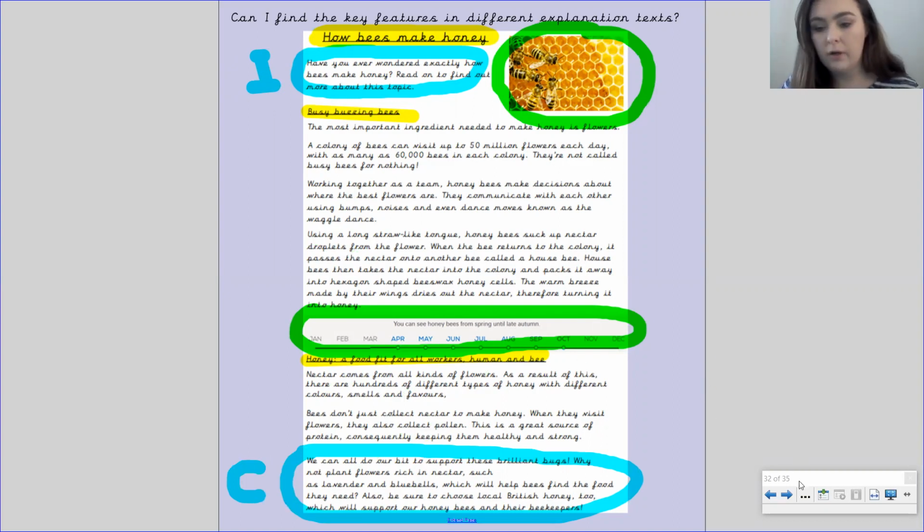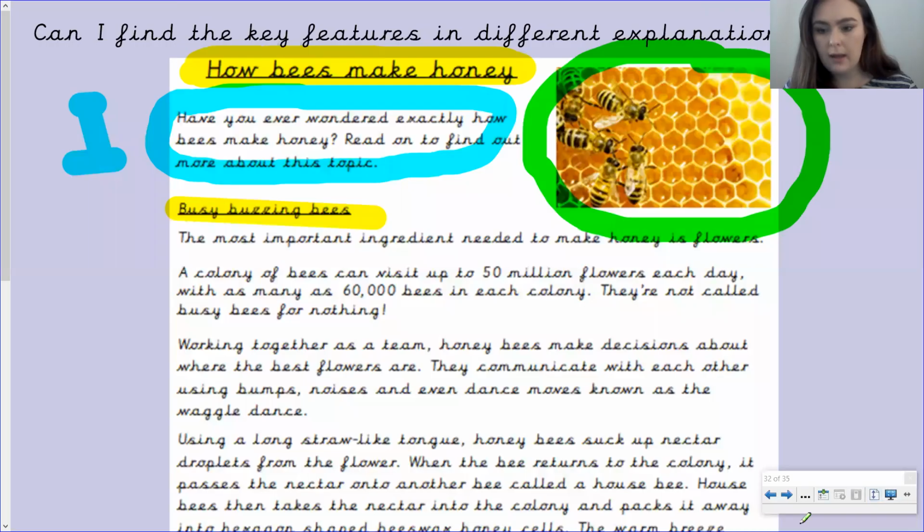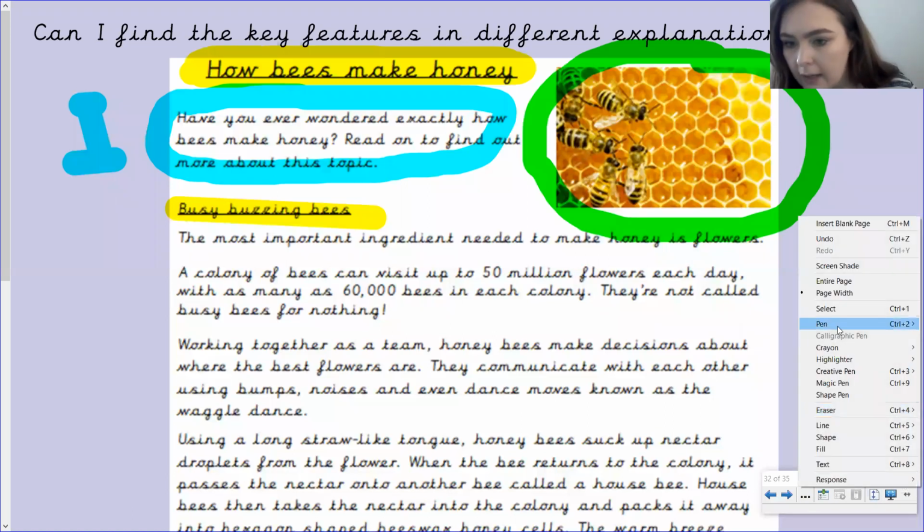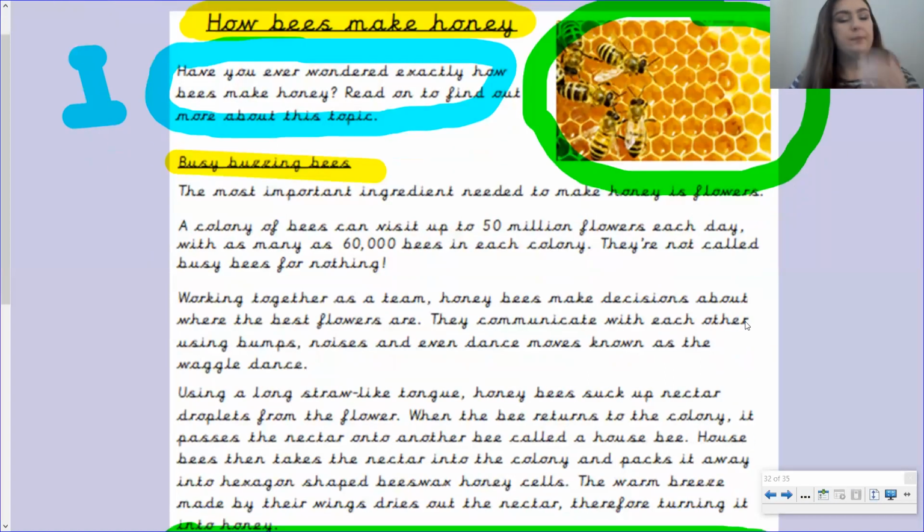Okay, now what we're going to do is look for some fronted adverbials. So let's go in a bit deeper. We're looking for a fronted adverbial, so it's an adverbial at the start of a sentence. Most important ingredient needed to make honey is flowers.